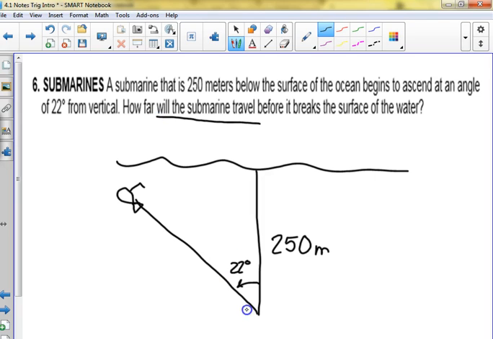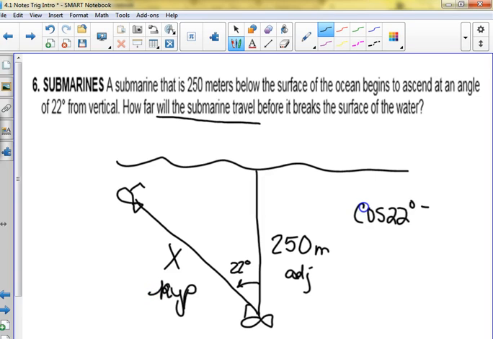Okay. So the submarine was down here, and now he's up here, so this is his path. Okay, so what do we need to use? Adjacent would be this guy, right? Because this is our hypotenuse. So we need cosine of 22 equals adjacent over hypotenuse.